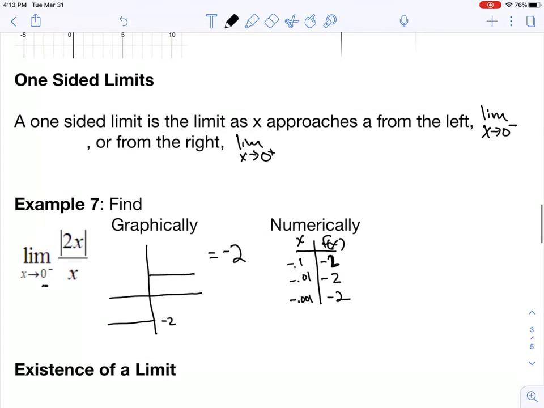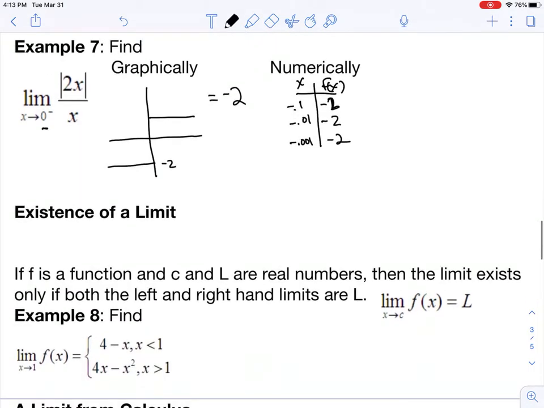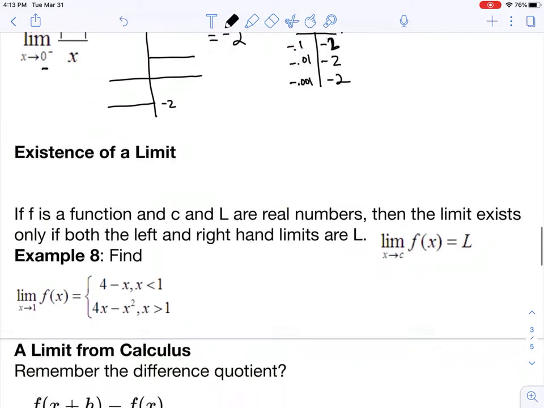Okay, so graphically and numerically, there's no rationalizing on these or anything. We just use our regular techniques from section 1.